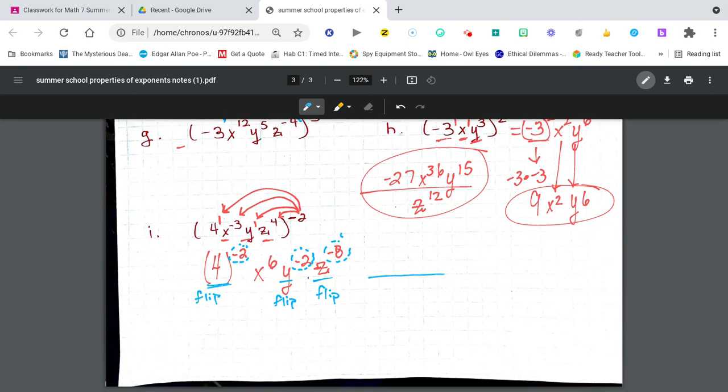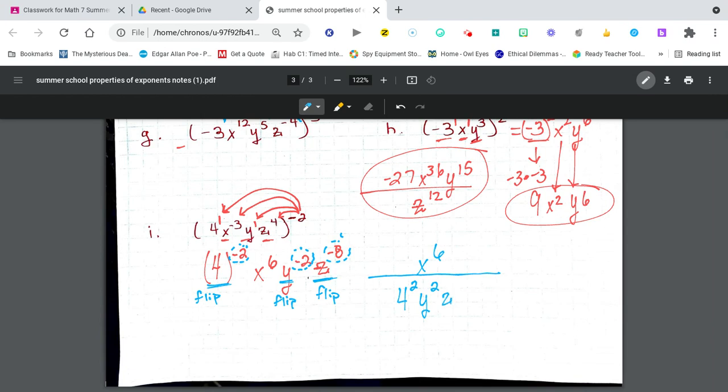So I'm going to draw a bar to have a top and a bottom so I can flip stuff. That x to the 6th stays put. This 4 flips to the bottom because this exponent was negative, and negative 2 will become positive 2. Y flips to the bottom, and negative 2 becomes positive 2.